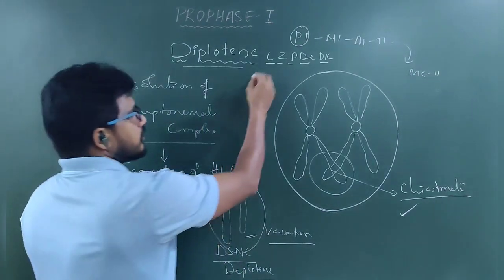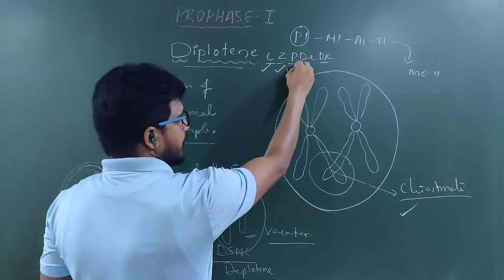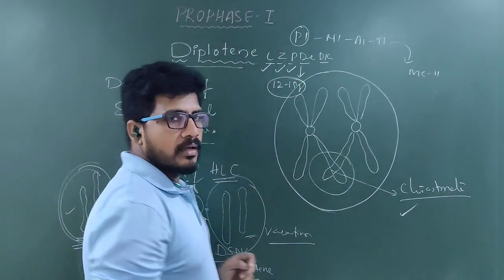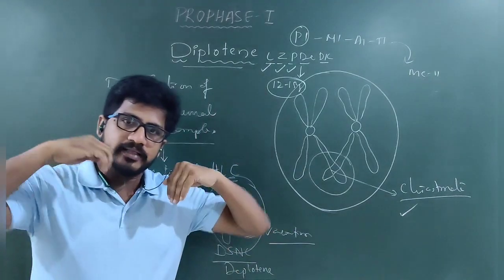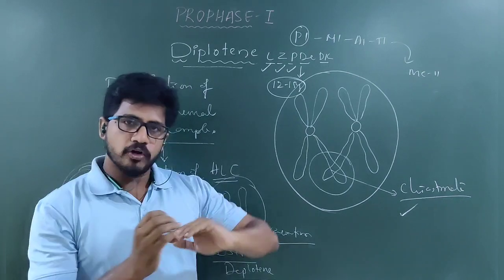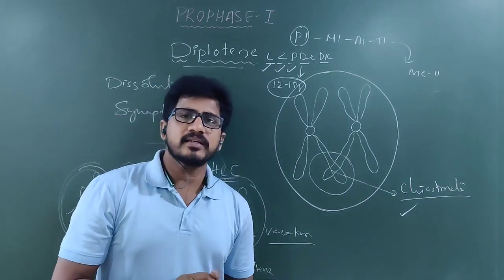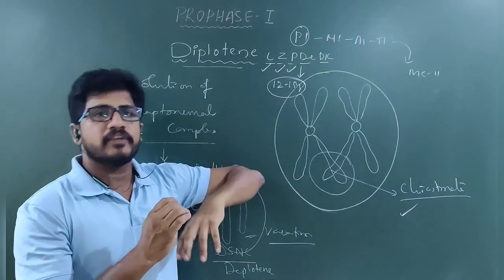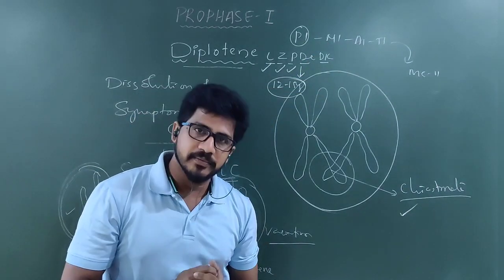The oocyte crosses leptotene, zygotene and pachytene. In the diplotene, it arrests for about 12 to 15 years. It stays only in the diplotene phase for 12 to 15 years. It is not promoted. The reason is that diakinesis or metaphase promoting factors are absent at that age.